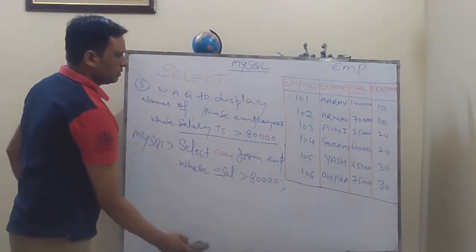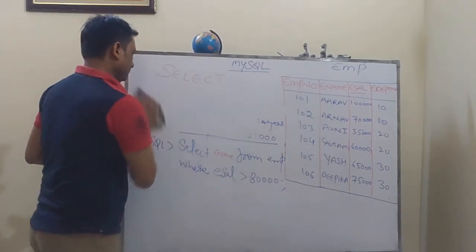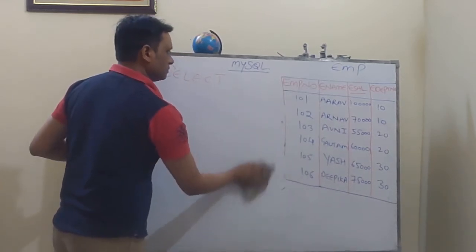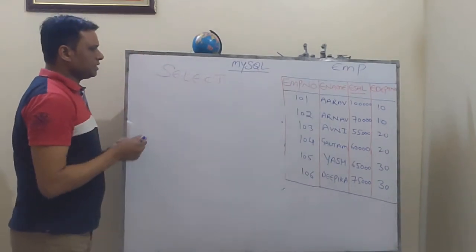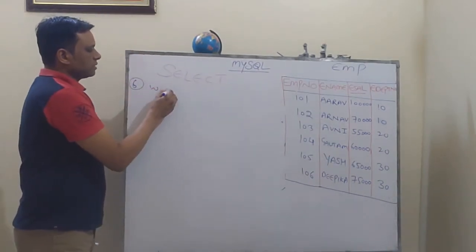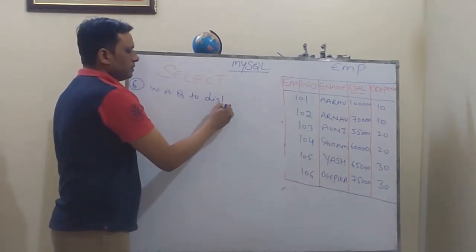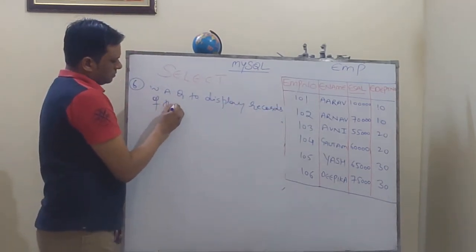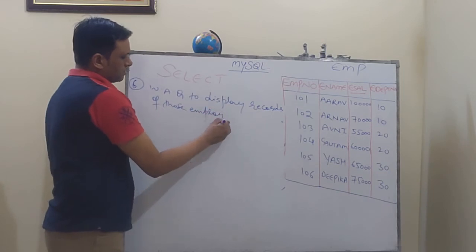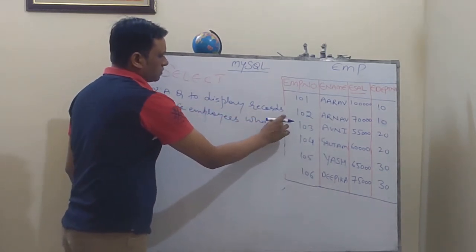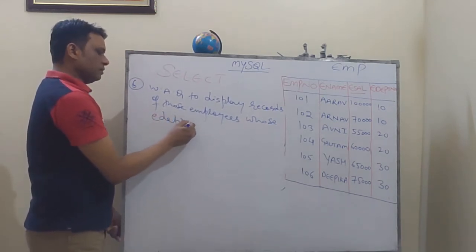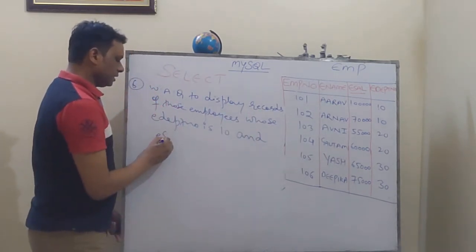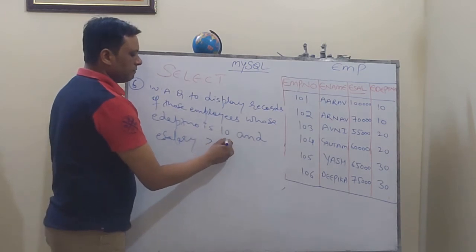Next query is query number 6, that is: write a query to display records of those employees whose department number is 10 and E sal is greater than 50,000.